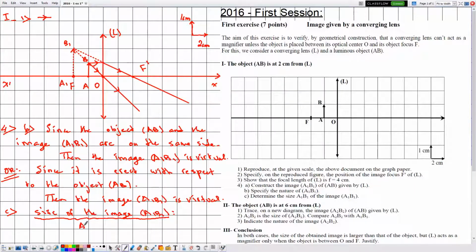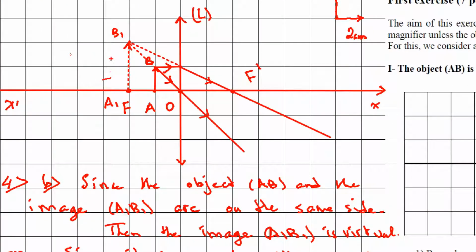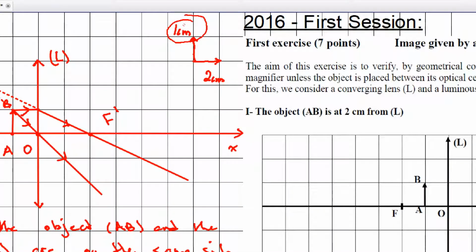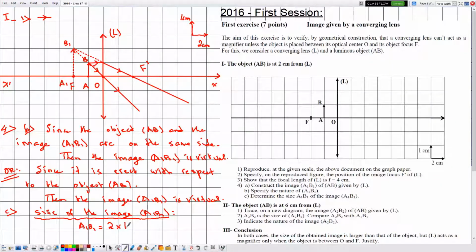Now A1, B1 consists of 2 divisions, and we multiply by the scale along which you have counted the number of divisions, which is the scale along the y-axis, and this will give me 2. Because the scale is in centimeters, then the value of A1, B1 will be in centimeters. Therefore, the size of the image A1, B1 is equal to 2 centimeters.